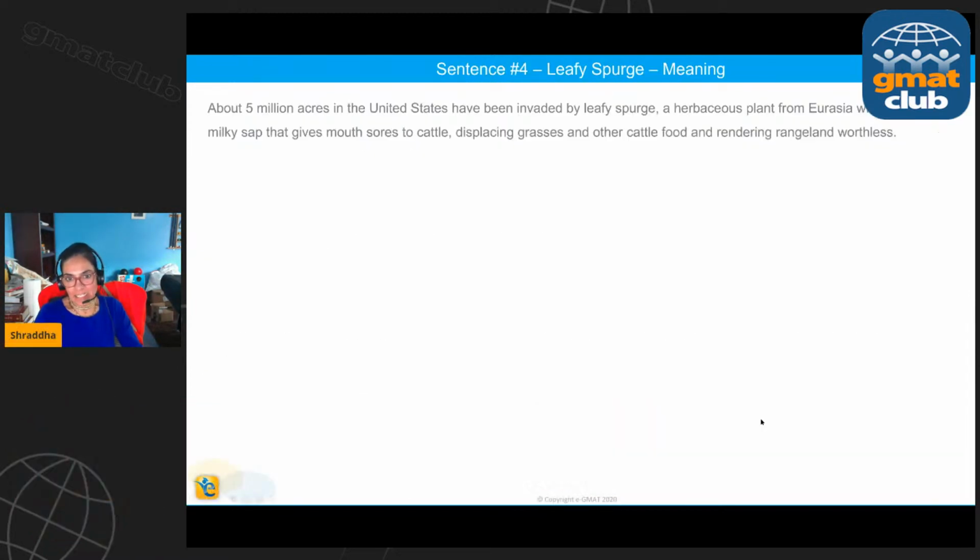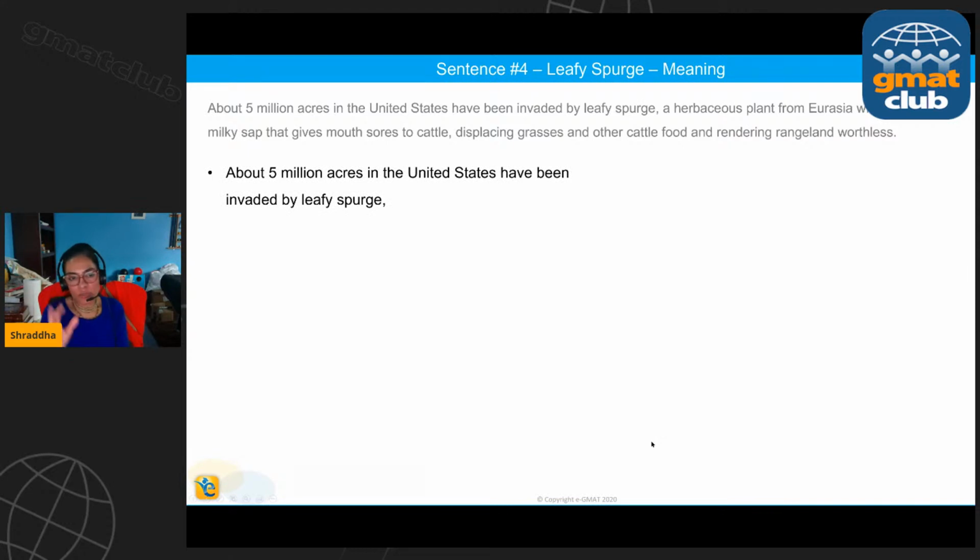Okay, let's move on with this one. Very context heavy sentence. Pretty long, lot of things going on, lot of layers. So let's read the sentence by first breaking it down bit by bit. About 5 million acres in the United States have been invaded by leafy spurge.